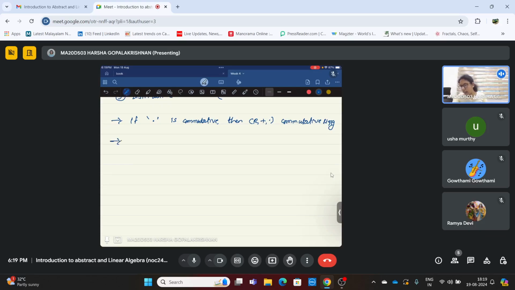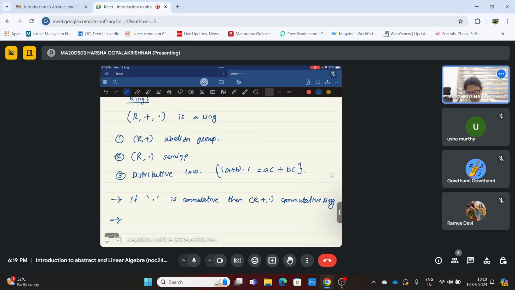Now, a ring with an identity element. Here we have seen (R, +) is an abelian group, which means it has an identity element under addition. But since (R, ·) is a semi-group, it may not have the identity element. If the multiplication has an identity element, in that case we will say this ring has an identity element, the ring is with a unity.